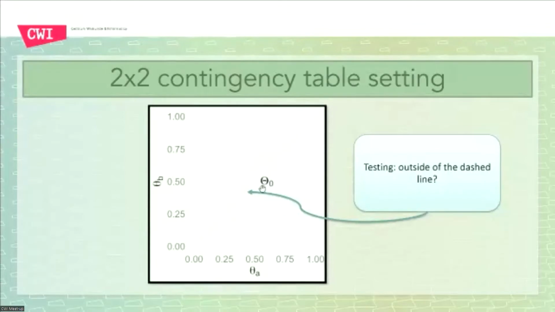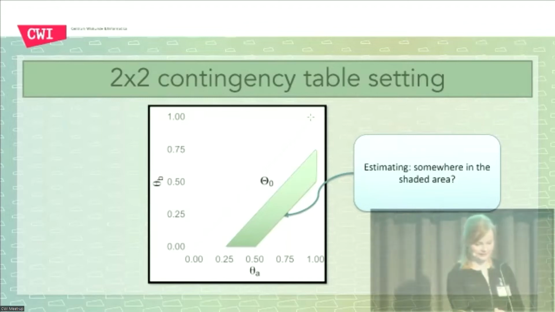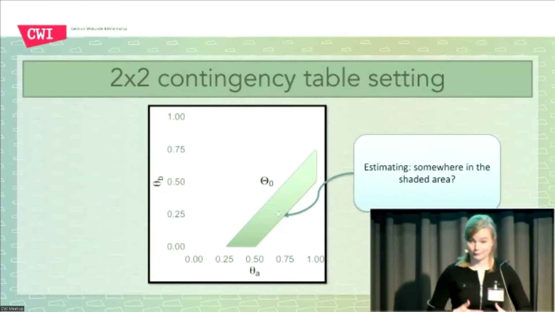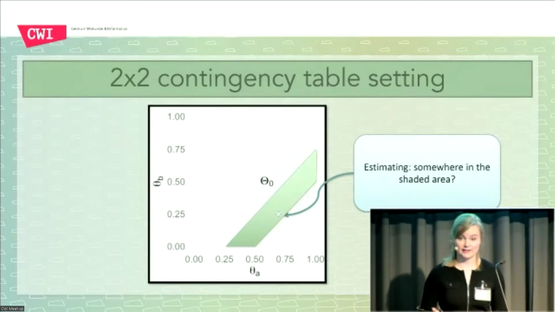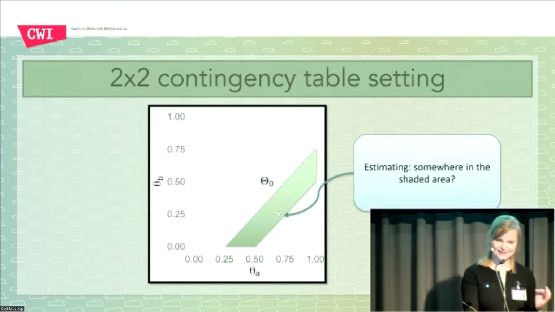So if the real data generating distribution lies somewhere outside of this dashed line. And what we're going to do thereafter is try to estimate where the real point lies, for example, with the confidence interval. And then we can hopefully say somewhere in the shaded area, the true distribution lies. Okay, so this is our setting.